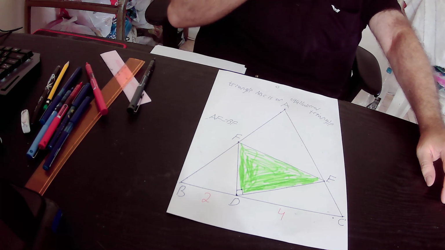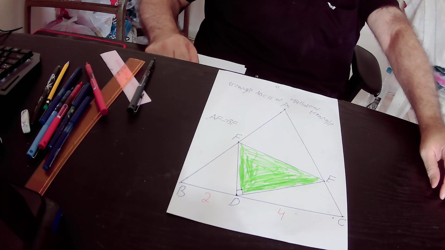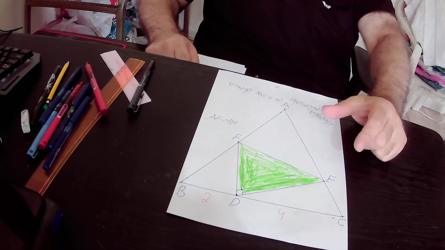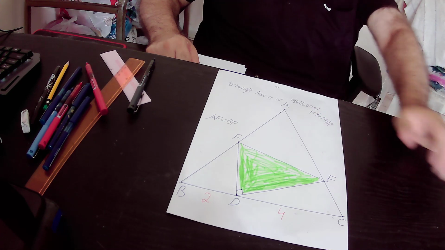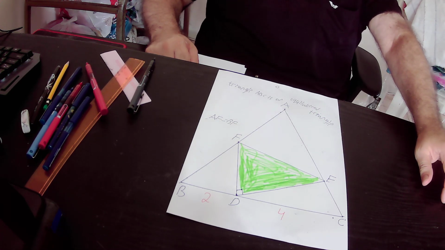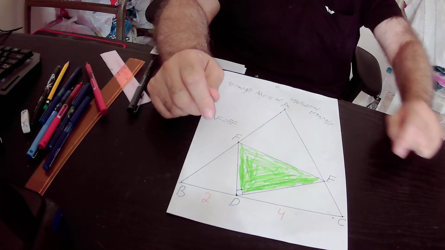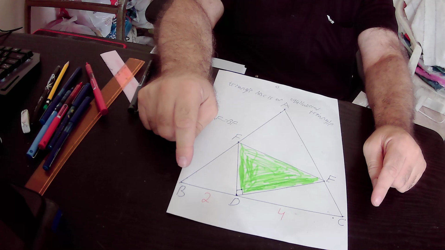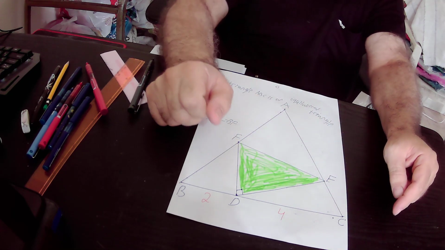Okay, first of all we will find the size of every side of the equilateral triangle ABC. The side BC equals BD plus DC.